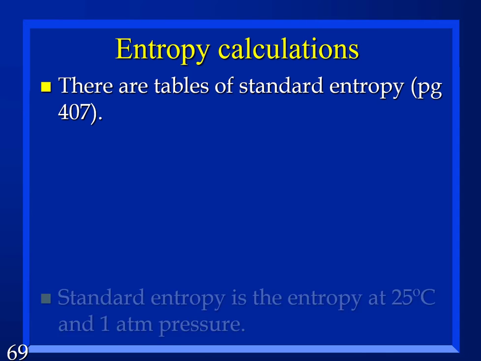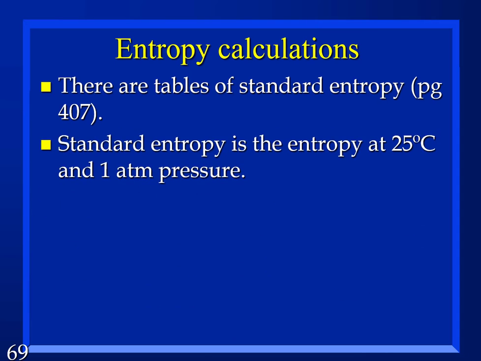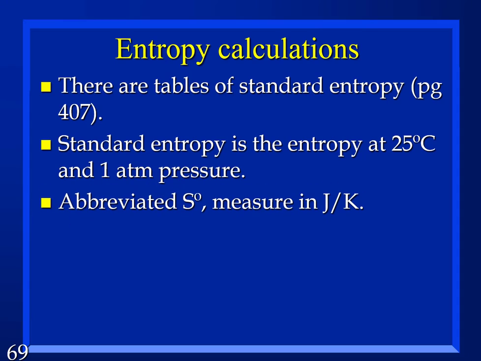Okay. So standard entropy is the entropy at 25 degrees Celsius, 1 atmosphere pressure. Standard, we picked when we're going to measure enthalpy. Entropy is randomness. Because it's standard, the symbol for entropy is S, with the little degree sign to say it's standard.